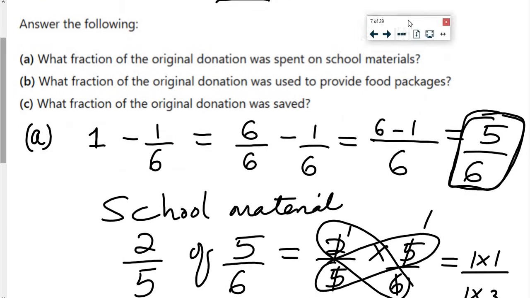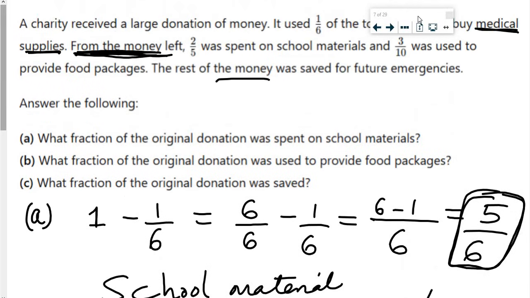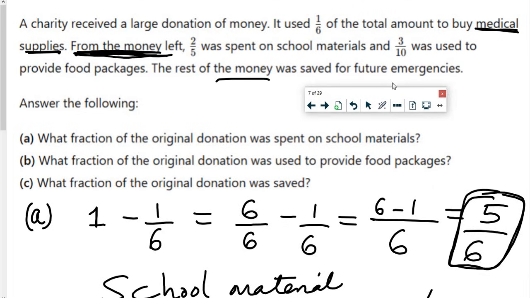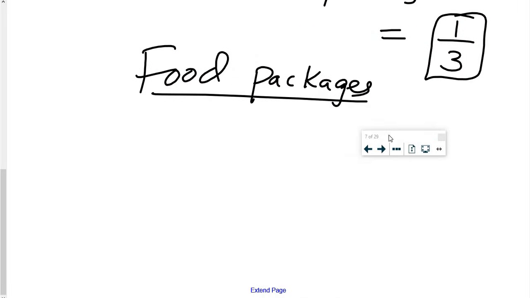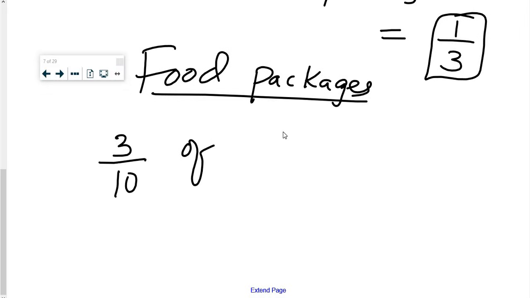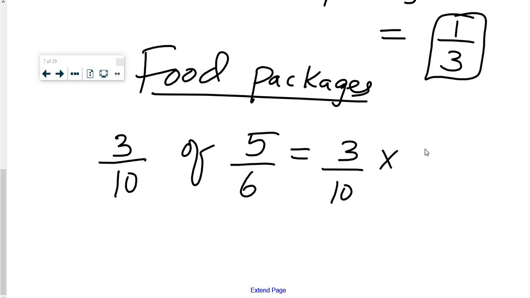So we will do 3/10 of the fraction left, which is 5 upon 6. This gives you 3 upon 10 into 5 upon 6.